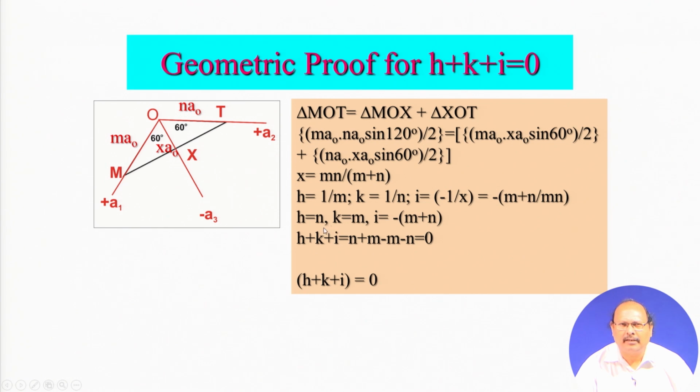Now, if you add it up, h plus k plus i becomes n plus m minus m minus n, equal to 0. So, we prove that h plus k plus i is equal to 0.